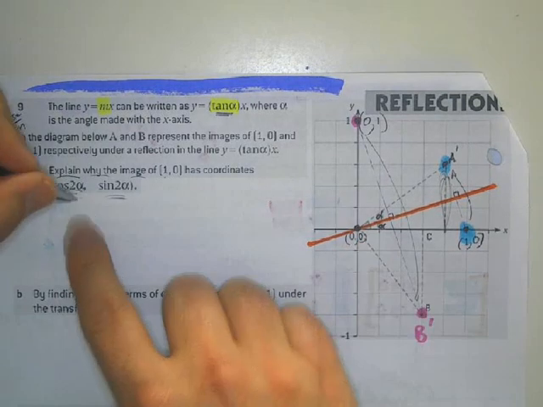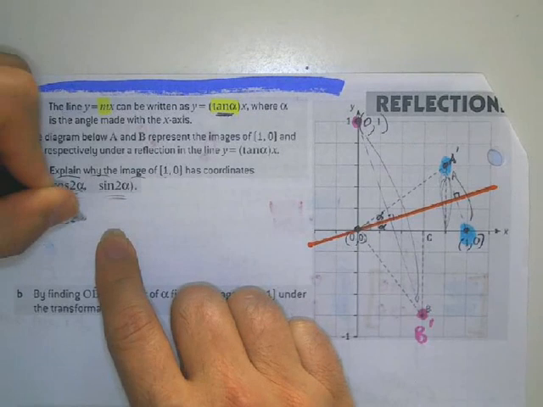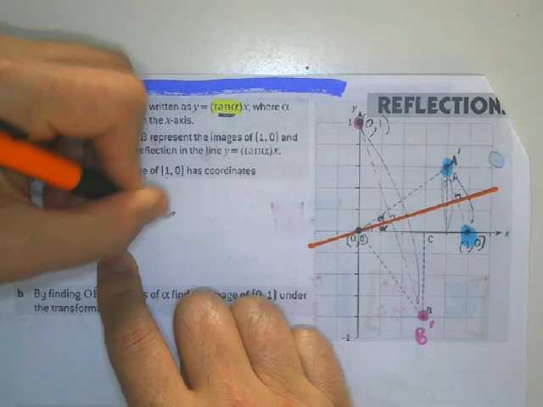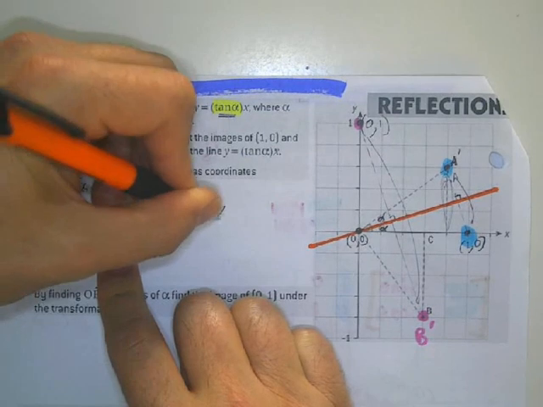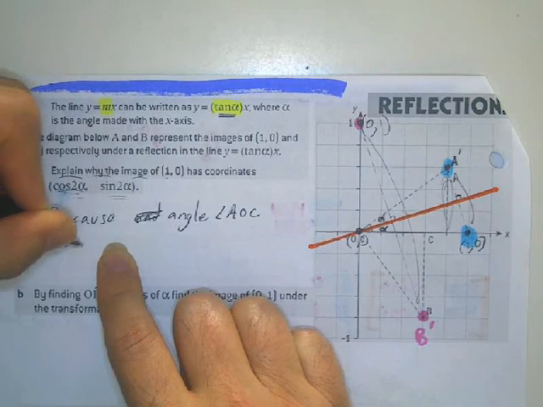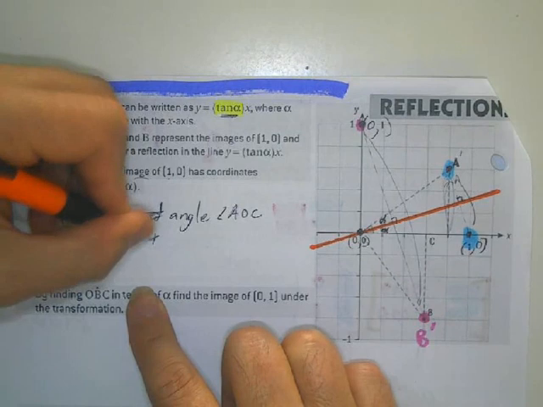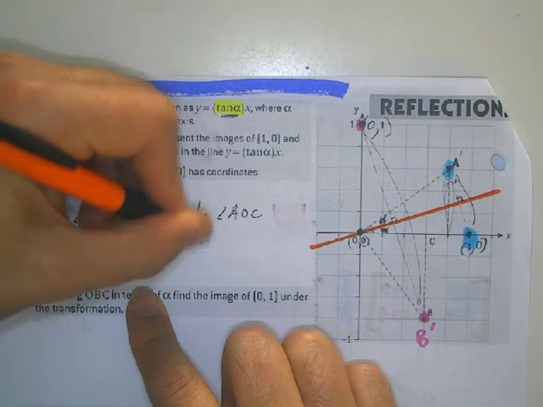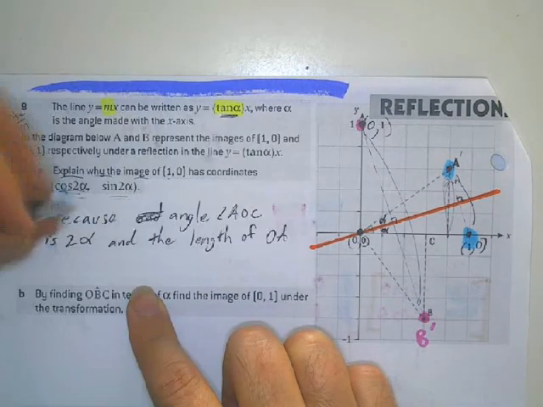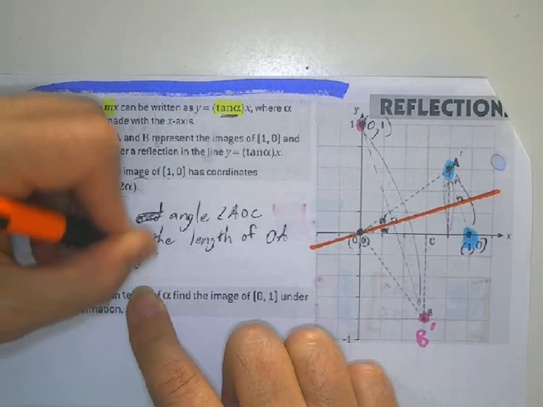That's how we get cosine 2 alpha and sine 2 alpha. So we can say because angle AOC is 2 alpha, and the length of OA is equal to 1.